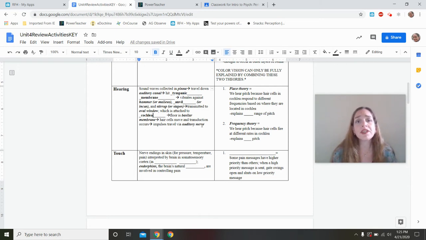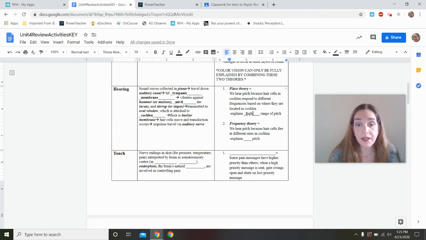There are two theories that explain how we hear pitch, and both have to exist to explain how we hear very high pitches and low pitches. The place theory says that there are different locations or places in the cochlea for different frequencies of sound, and this is how we explain the high range of pitch.